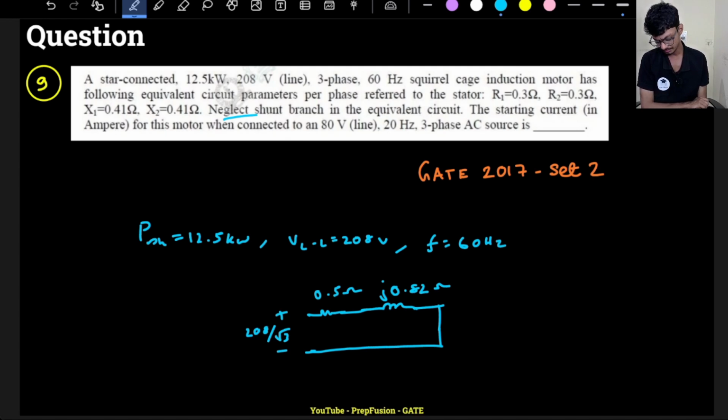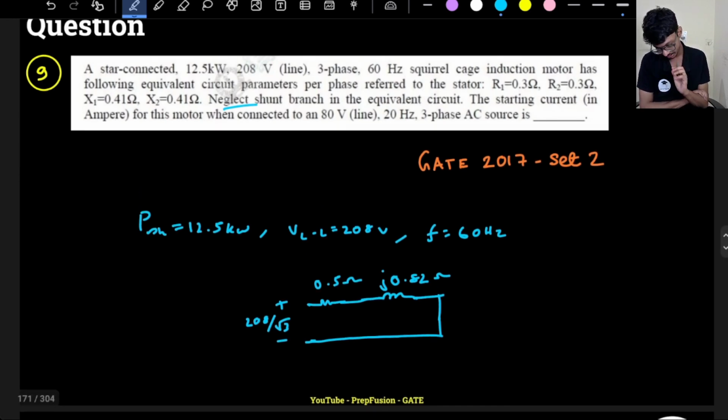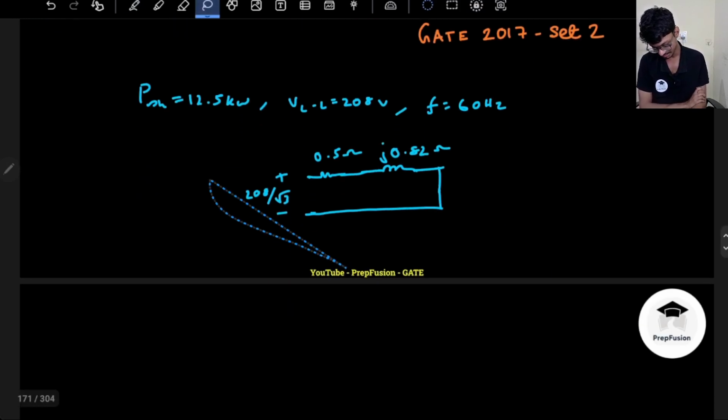Very simple to find out, because remember one thing: these are the equivalent circuit parameters. Actually I should not have drawn this at the start itself, else you will get confused.